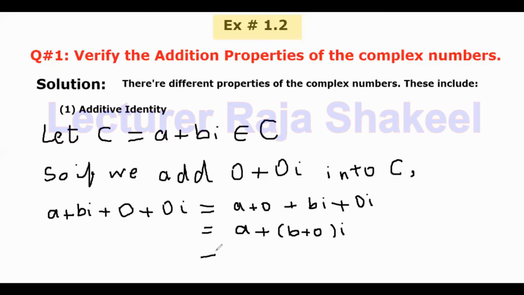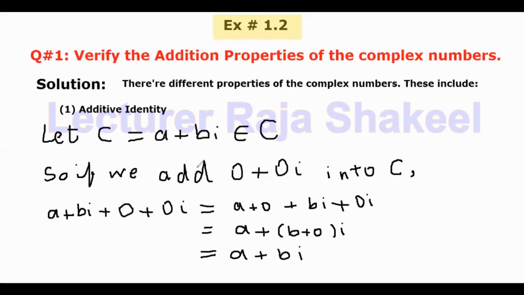Since B and 0 are also real numbers, B plus 0 is equal to B. So B iota is left.